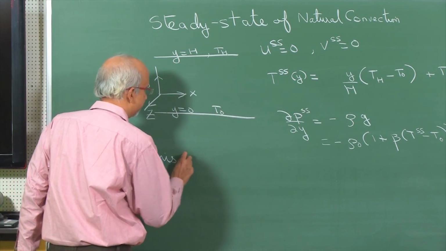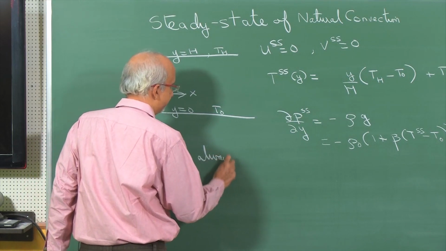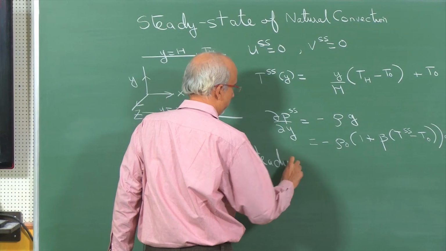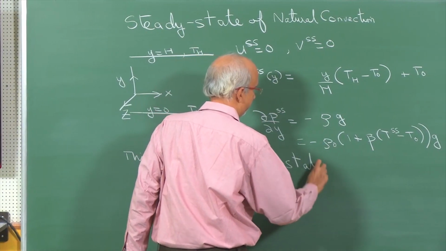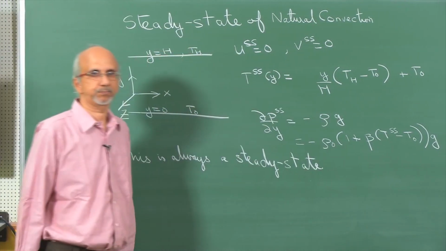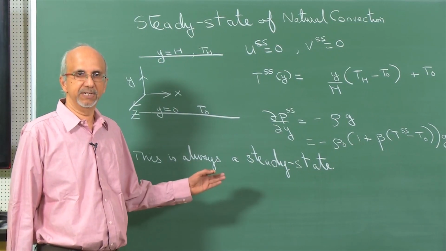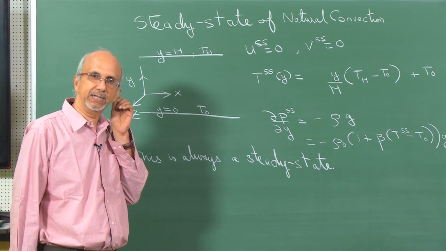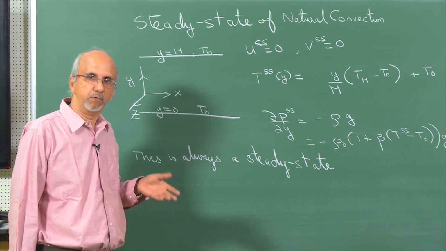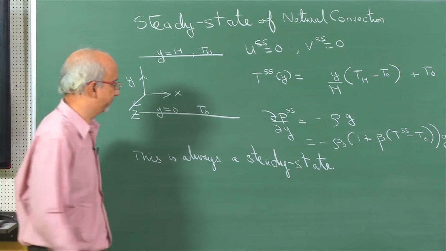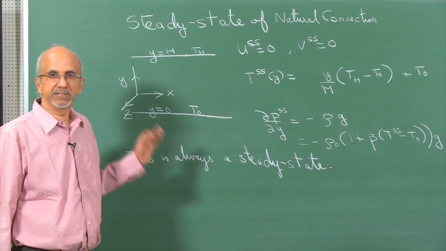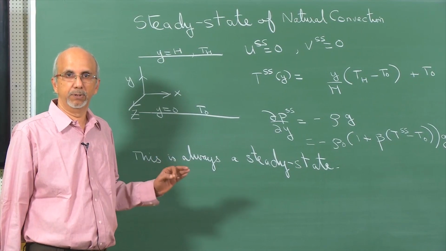So, this is always a steady state. What that means is this is always going to satisfy the differential equations and the boundary conditions. What we want to do is ask the question, is this going to be experimentally observable?